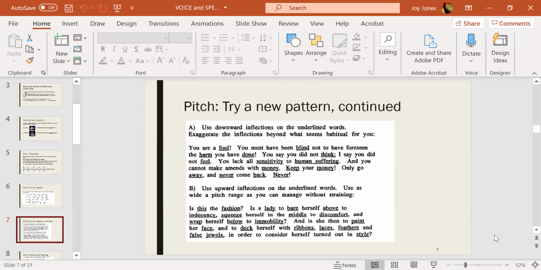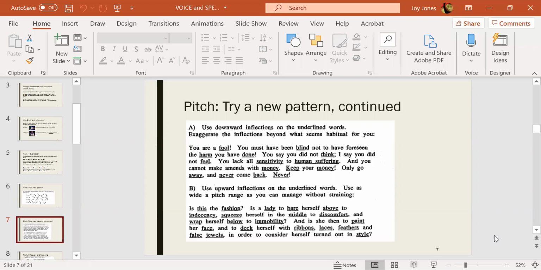Is this the fashion? Is a lady to bear herself above to indecency, squeeze herself in the middle to discomfort, and wrap herself below to immobility?